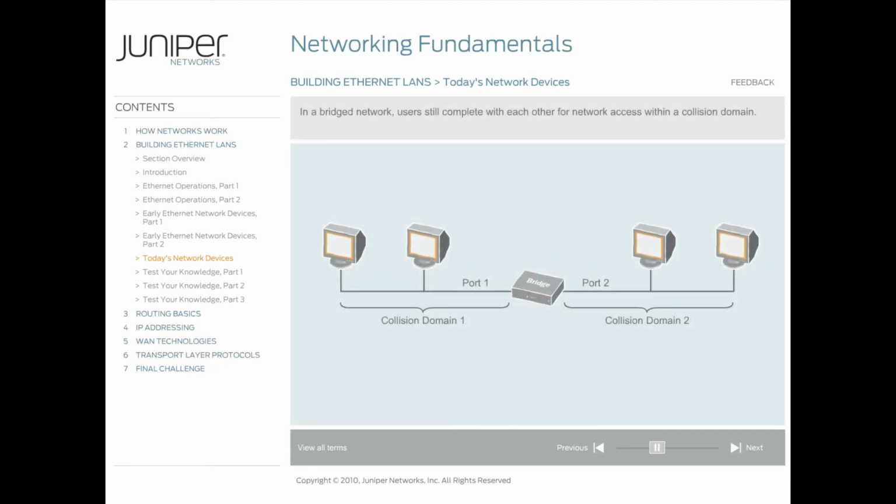In a bridged network, a network can be segmented only so far. Users still compete with each other for network access on the same segment or collision domain. As long as that was the case, collisions would still be a problem. It was still necessary to listen to make sure the line was clear before transmitting data, and after sending data, listen again to make sure a collision had not occurred.